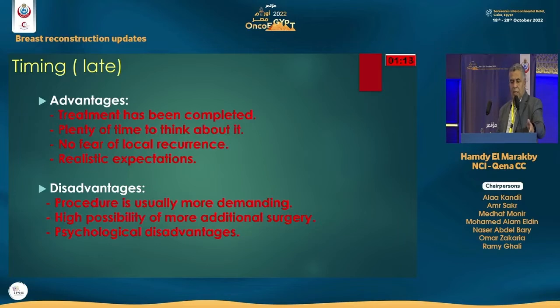And we persuade the patient just to wait for a year or so till she finishes her whole treatment. The advantage with that will be that the treatment has been completed and there is plenty of time to think about it. There is not much fear of local recurrence, and she will have realistic expectations because she will have her breast excised and flat, and then once you do something for her, she will be happy.